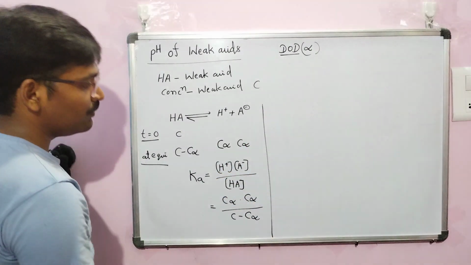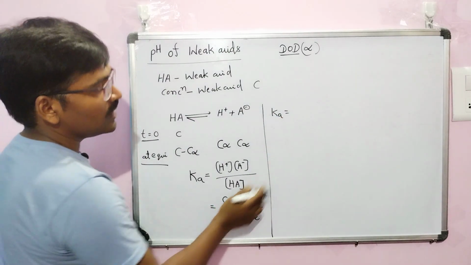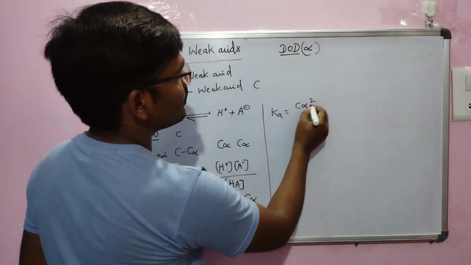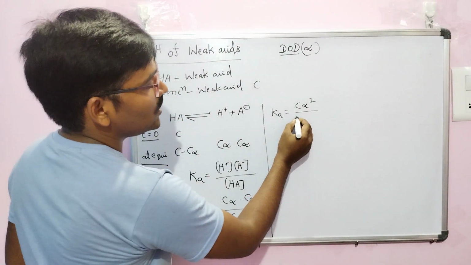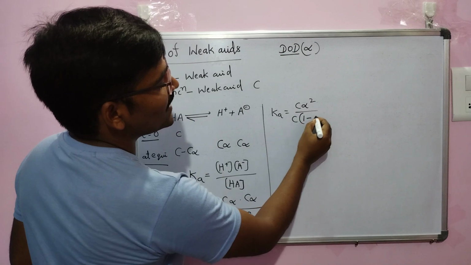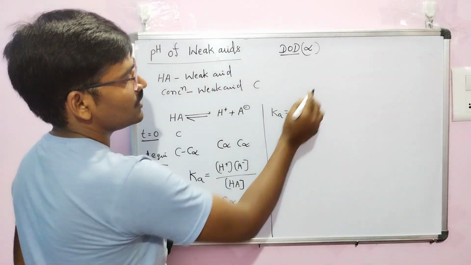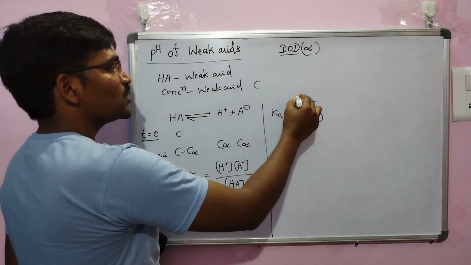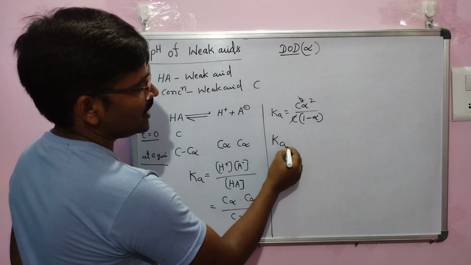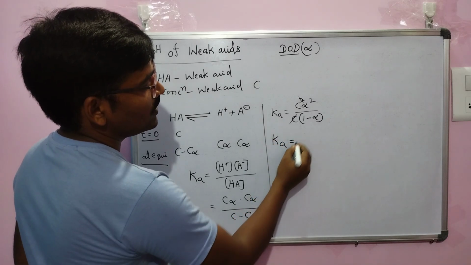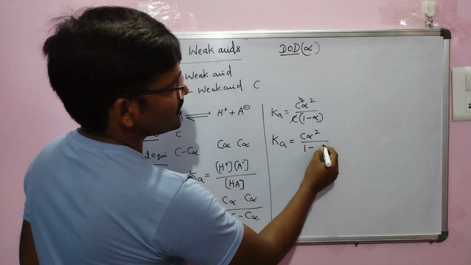So Ka equals C square alpha square divided by C minus C alpha, which is C into 1 minus alpha. Cancelling C, Ka equals C alpha square divided by 1 minus alpha.